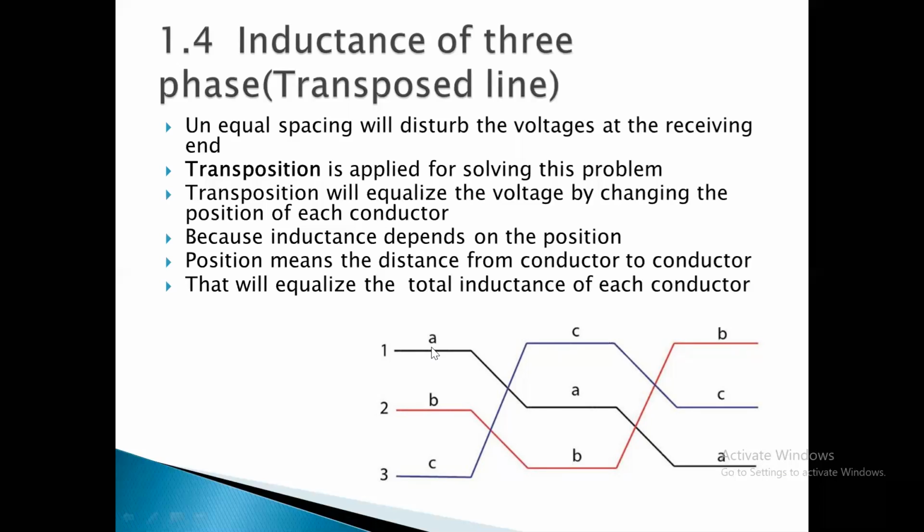For example, this line is getting 10 millihenry here, this is getting 20, this is getting 30. So this will get 20 here, and this same transmission line will get 30 here. So in a matrix, the values will equalize and the voltage will not be disturbed at the receiving end. This is called transposed lines or transposition.